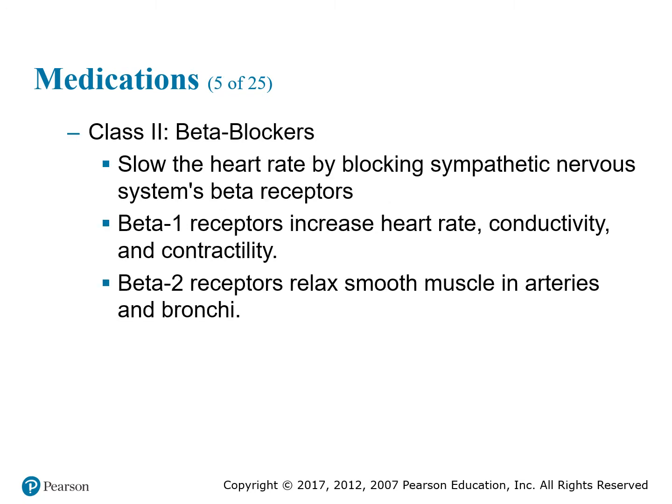Class 2 are beta blockers. Beta blockers slow the heart rate by blocking sympathetic nervous system beta receptors. Beta 1 receptors increase the heart rate, conductivity, and contractility. Beta 2 receptors relax smooth muscles in arteries and bronchi.